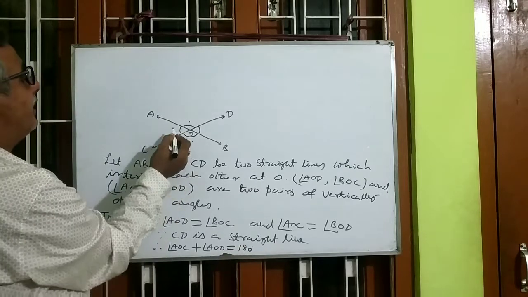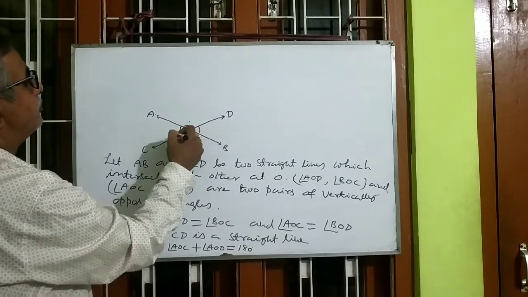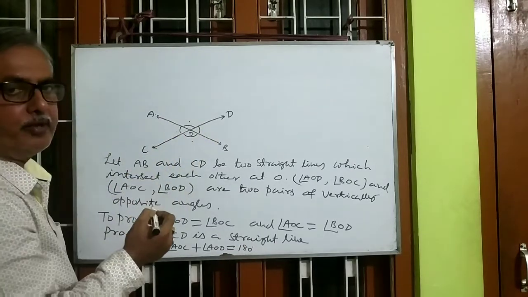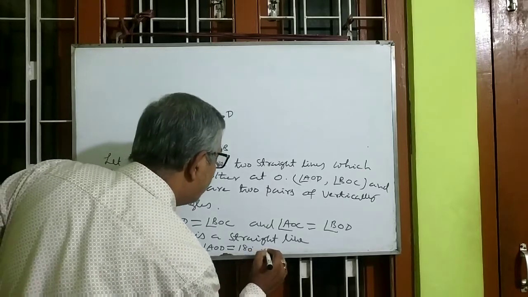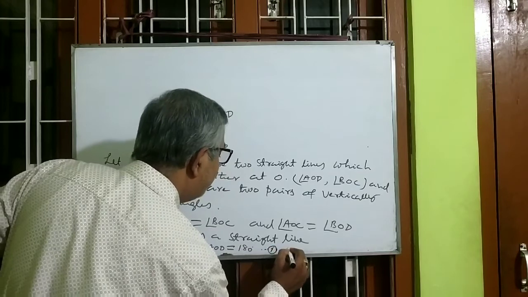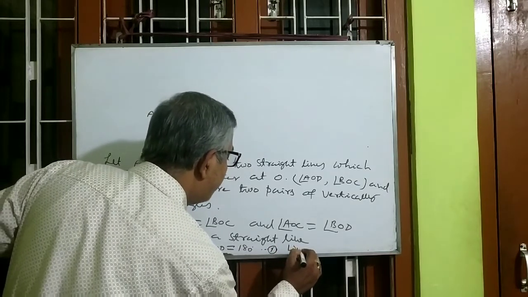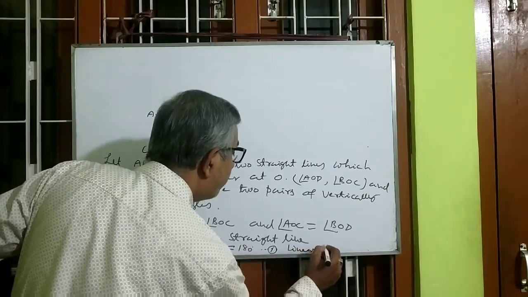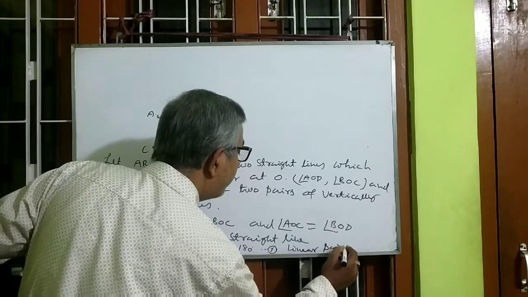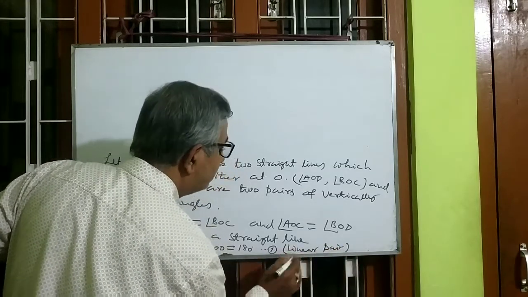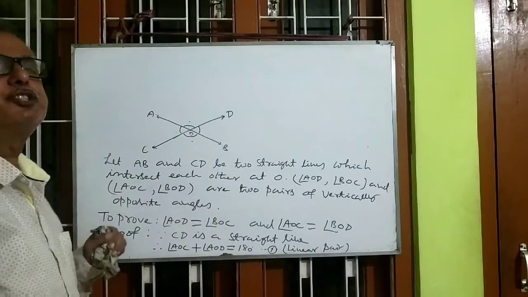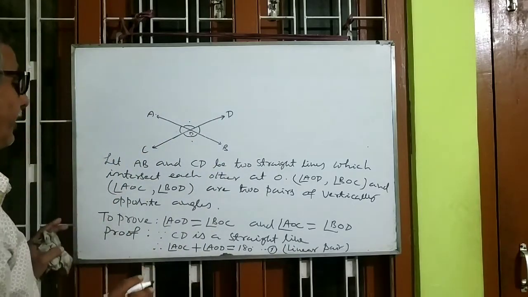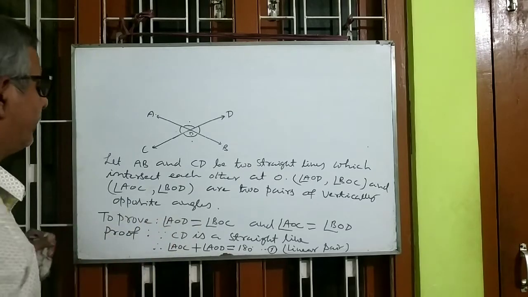Why 180 degrees? Because this angle plus this angle together form a straight angle, so they will be called a linear pair also. This is equation 1. Linear pair. Or you may simply write a straight angle. Both will be okay. This is equation number 1.